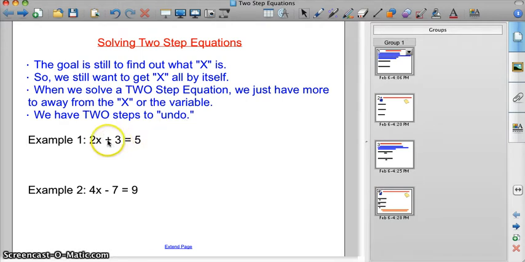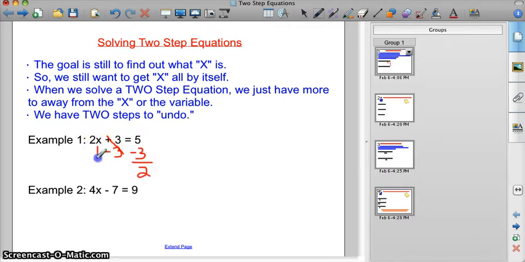So first I will remove positive 3 from this side of the equation by subtracting it from both sides. A positive 3 and a negative 3 equals 0, so we will cross them out. 5 minus 3 equals 2.